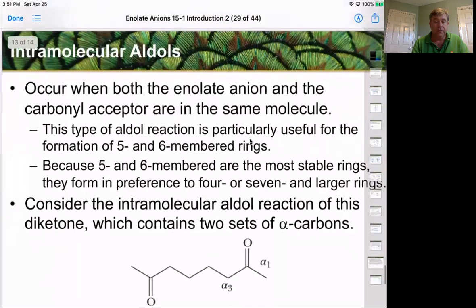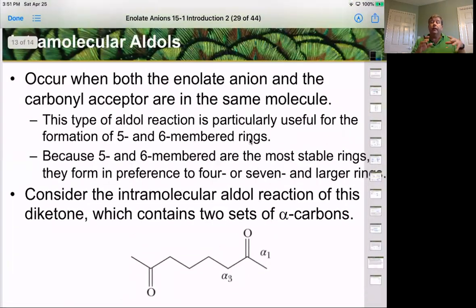Okay, so can you do this on itself? Well, yes and no. If you have two carbonyls, two aldehydes, two ketones, or a ketone and an aldehyde on the same compound, and you can form a 5 or 6-membered ring, you can attack one side of the compound intramolecularly to the other side of the same compound to make a ring structure.